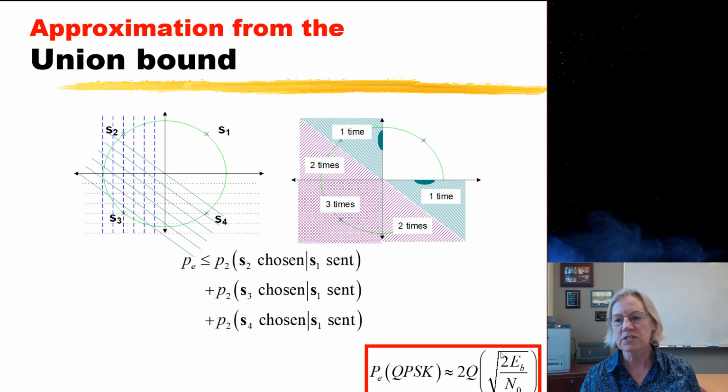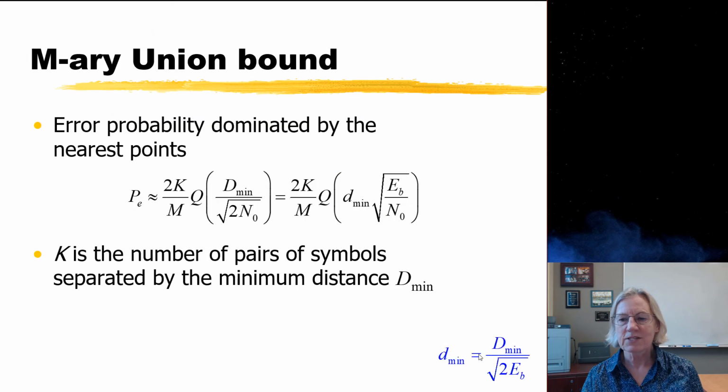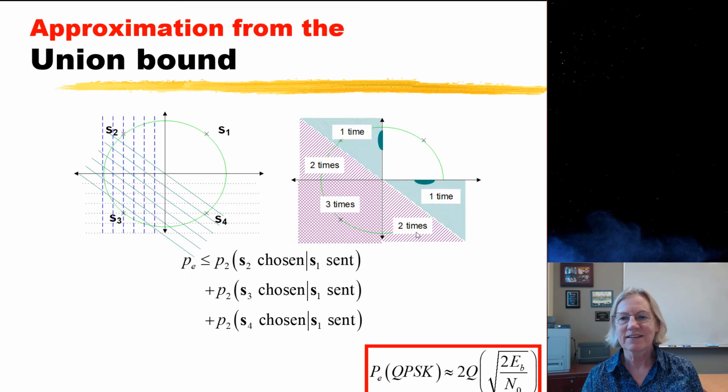That would be one of these Q of the square root of 2Eb over N0, because the distance between these is the square root of 2Eb, and likewise the difference between S1 and S2. That's why we have the factor 2 out in front. So what's inside this Q function is the distance between S1 and S2, which is the same as the distance between S1 and S4. And the multiplicative factor in front is how many times that distance occurs, and it occurs twice here.